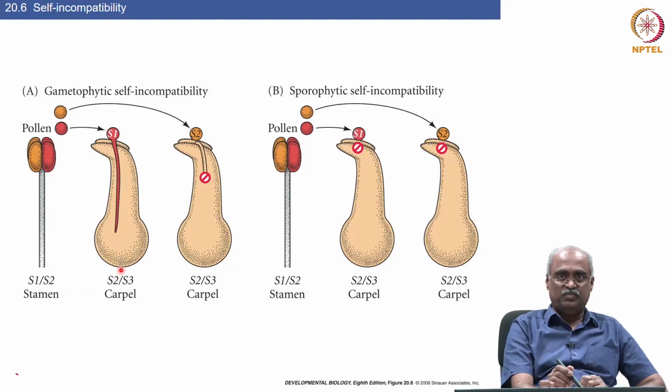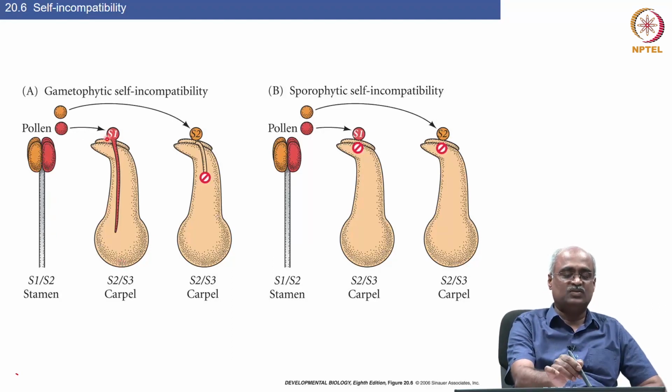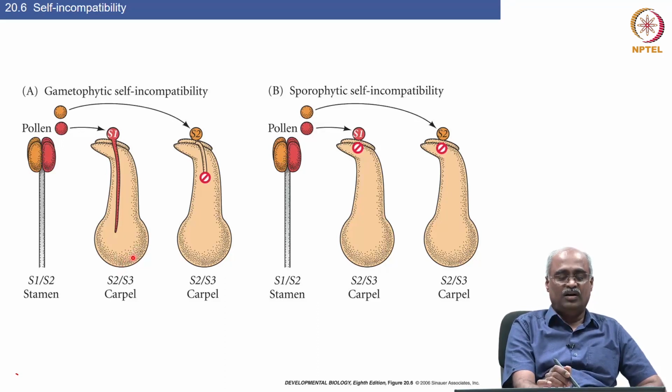So purely looking at the type of allele present in the gametes, this S1 does not match either of the two genotypes possible for the female gametophyte. It will be either S2 or S3, so neither is S1. Therefore this is a compatible interaction, and you have the pollen grain germinating.